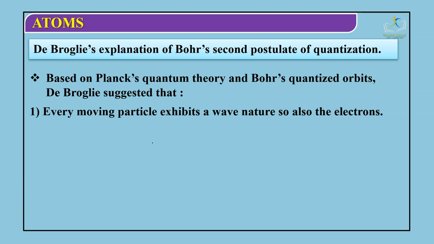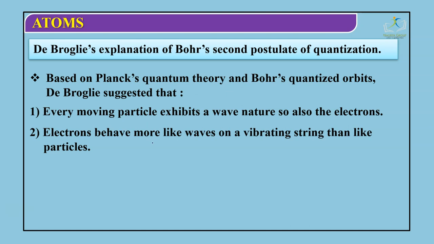The significance of the de Broglie relation is that it is more useful in microscopic processes. Electrons behave more like a wave on a vibrating string than like a particle. How is it possible?